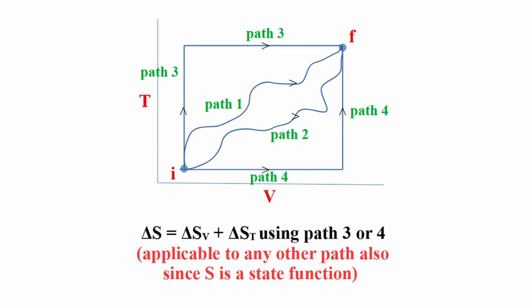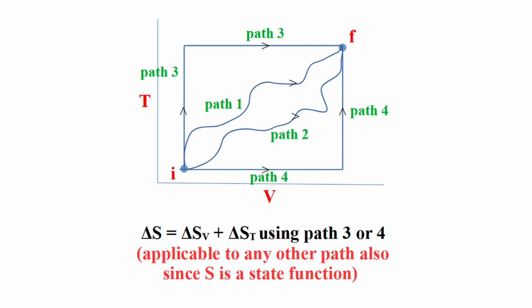In path 3, T is first changed from Ti to Tf at constant Vi, for which we can calculate delta SV using the equation in part 1b, and then V is changed from Vi to Vf at constant Tf, for which delta St can be calculated using the equation mentioned above.